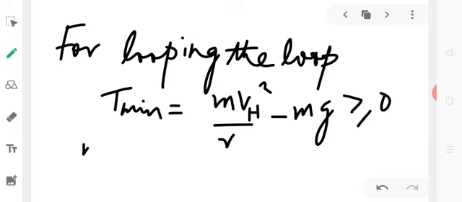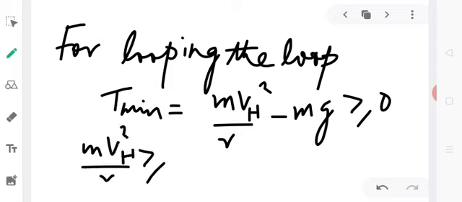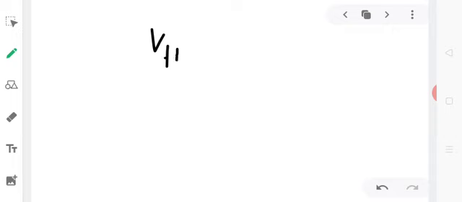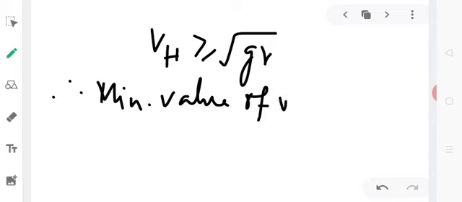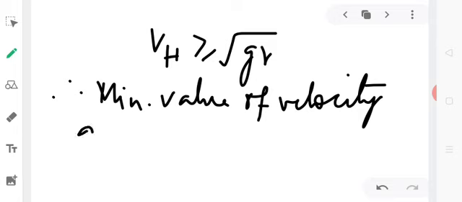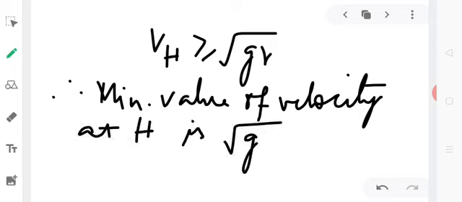So we can write down m vh square by r greater than or equal to mg, or vh should be greater than or equal to root over gr. Therefore, the minimum value of velocity at the highest point is root over gr.